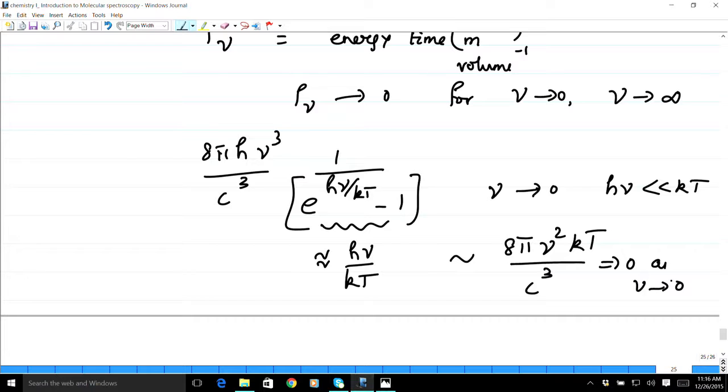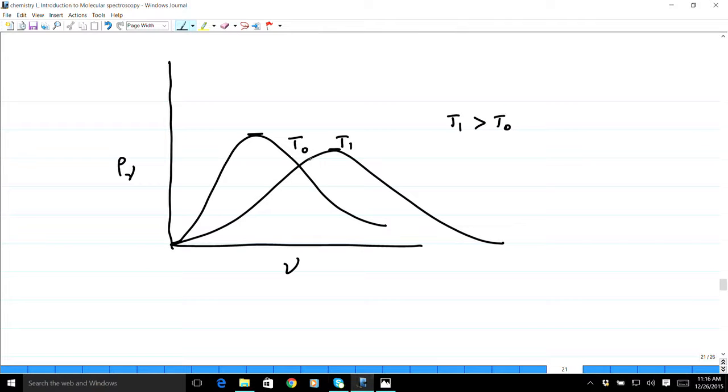Okay. Therefore, the lower end of the graph is reproduced by Max Planck's formula when nu goes to 0.